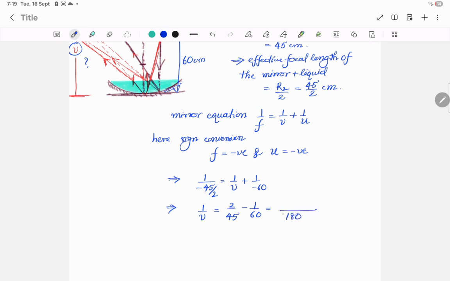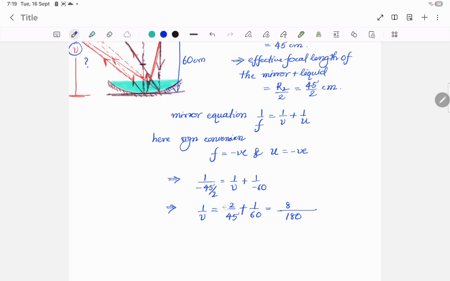Now take LCM 180. How many times will 45 go in 180? 45 will go 4 times, and 60 will go 3 times. Okay, sorry, here you need to get minus 2 by 45.